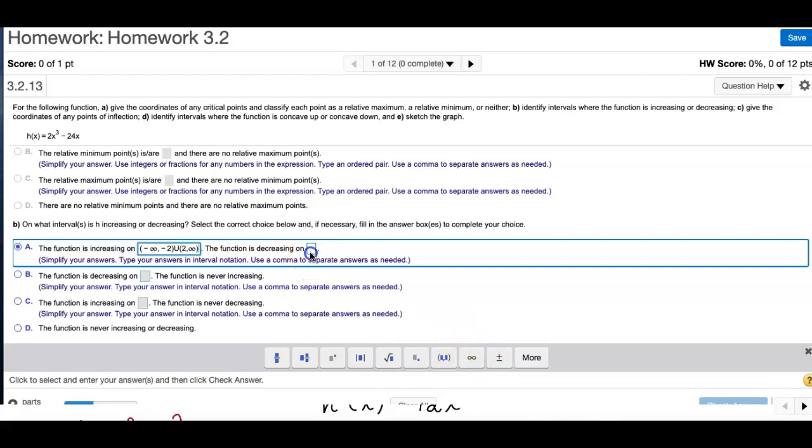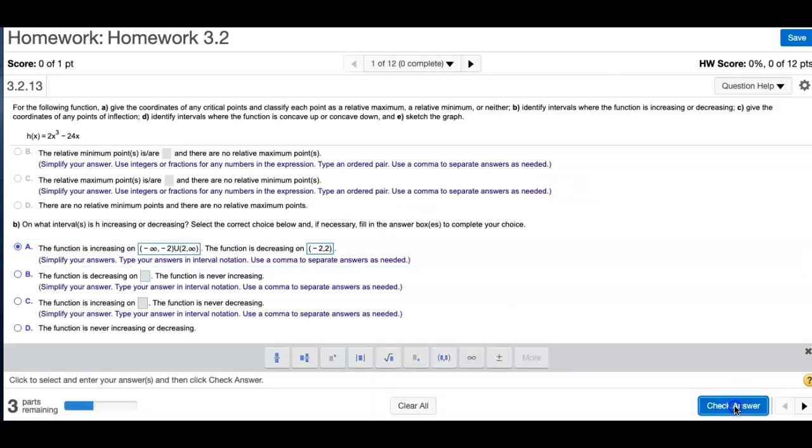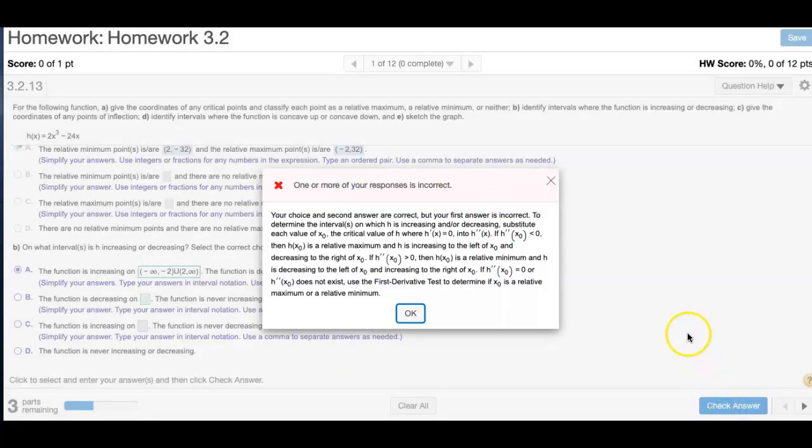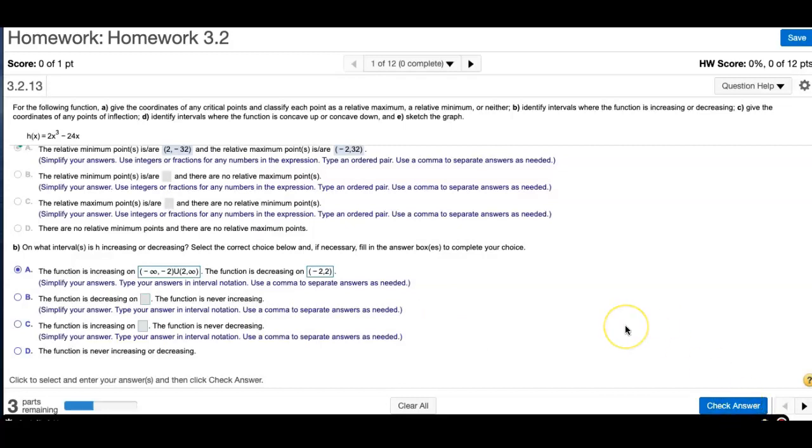And it's decreasing on in between negative 2 and positive 2. And I will click on check answer. Oh no, what did I do wrong? It may be something that I didn't type in correctly. I don't know what I did wrong.